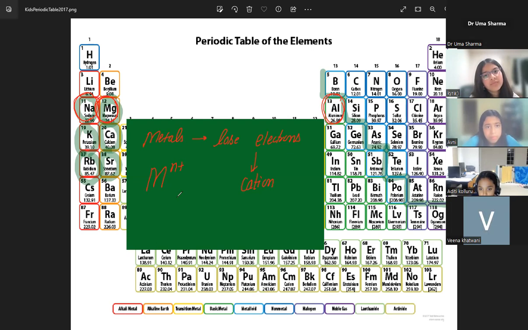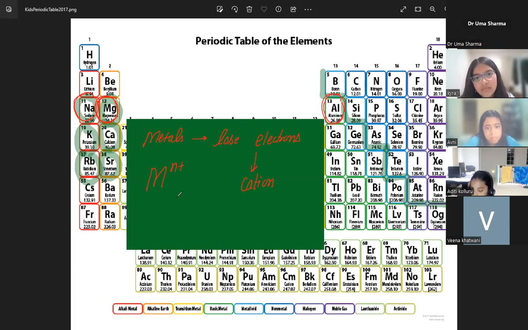But don't go for 4. I remember we were discussing that she gave us that example of sodium gaining so many electrons. So gaining and losing up to 3 is okay, children. Elements are happy to lose 1, 2, 3. But after that, energy needed is very large and nature doesn't permit.